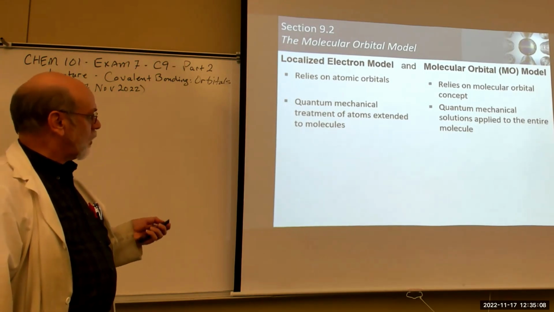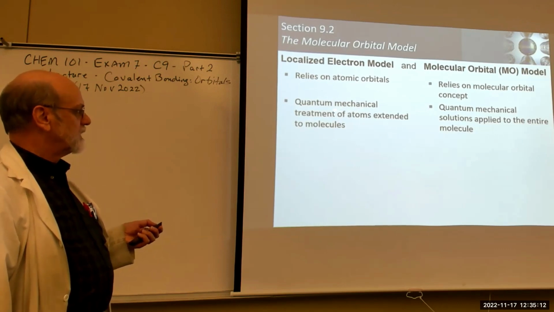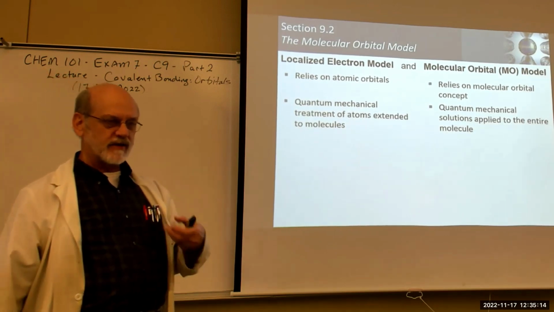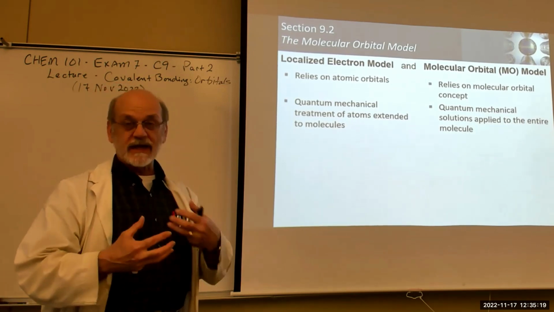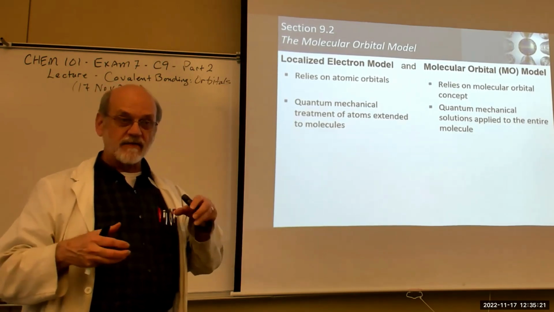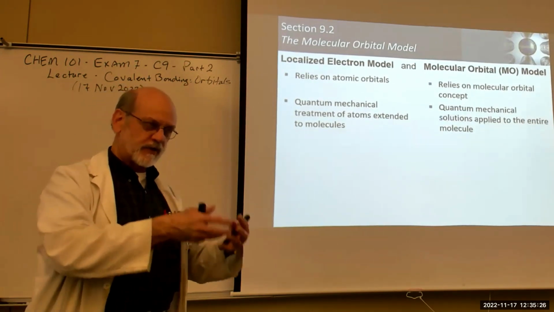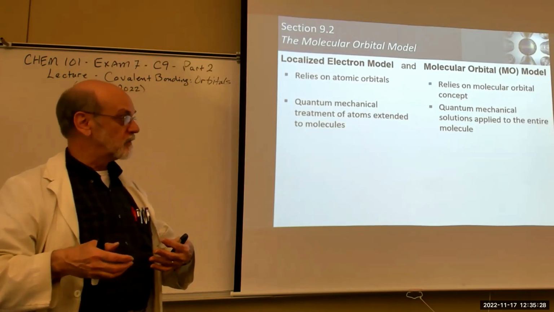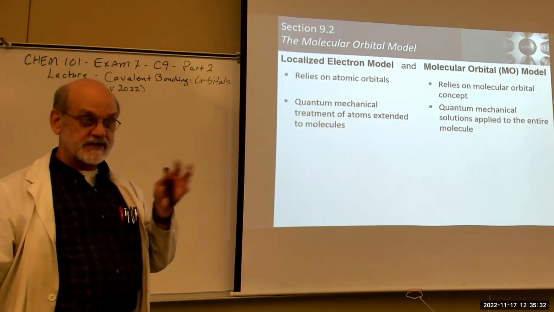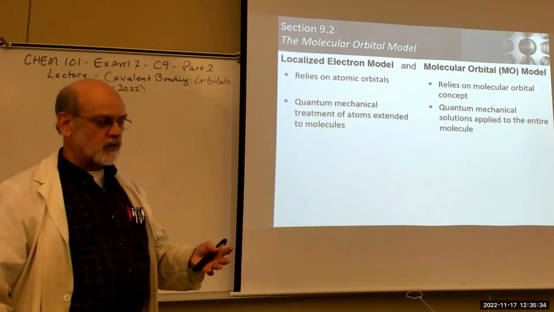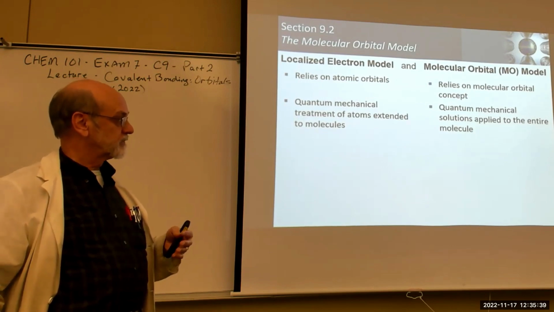In the quantum mechanical model of the localized electron model, the mathematical solutions that give us the regions of space and the energy levels that these electrons occupy for atoms are transferred, so to speak, to the molecule. Whereas in the molecular orbital model, those equations are different. A different set of equations describe the molecular orbitals.